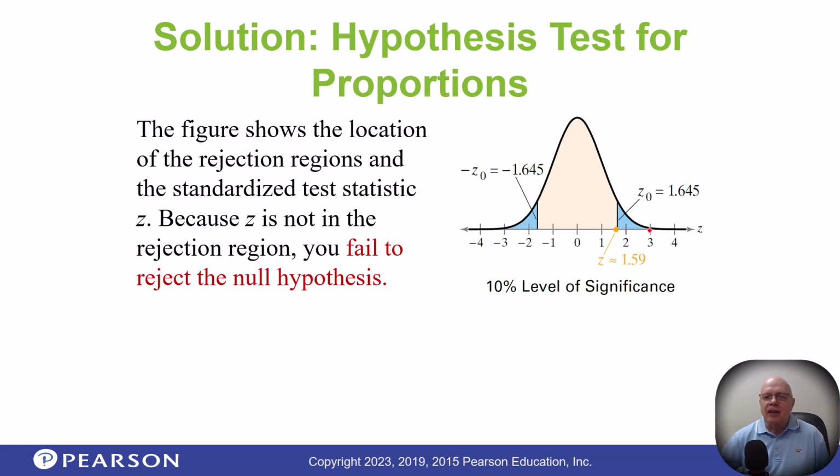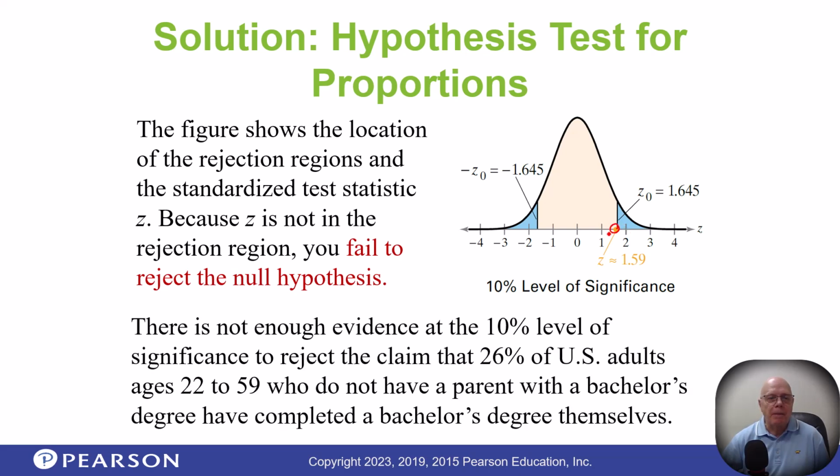You can see it. It's close, but it's not in the rejection region. It's just outside the rejection region. So you fail to reject it. Not enough evidence to reject the claim. In other words, it's close enough to this middle part that you're going to go along with the claim.